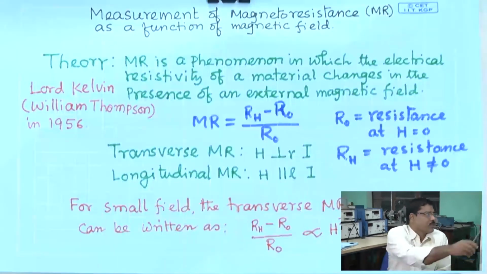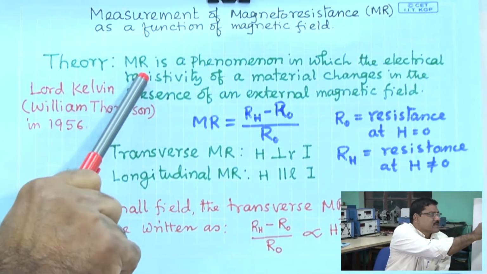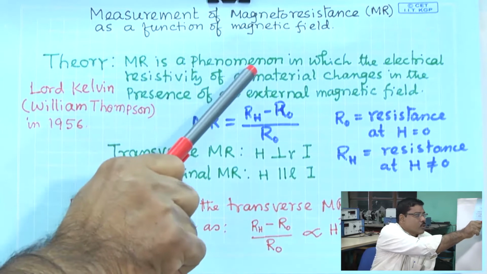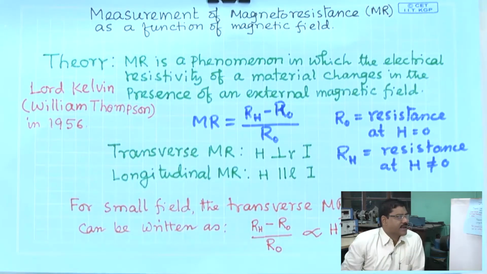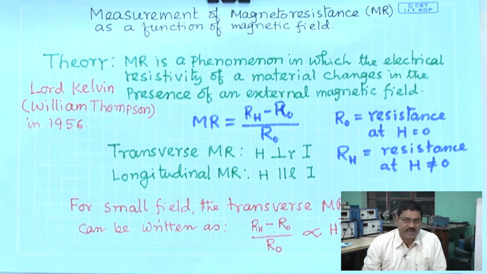That dependence of resistance on the magnetic field we express in terms of magnetoresistance. So, magnetoresistance is a phenomenon in which the electrical resistivity of a material changes in the presence of an external magnetic field.